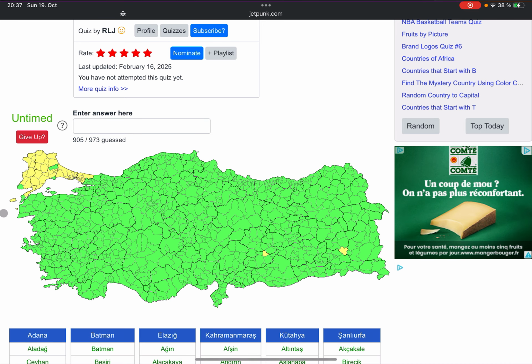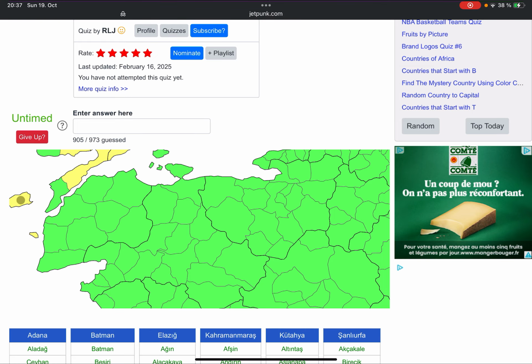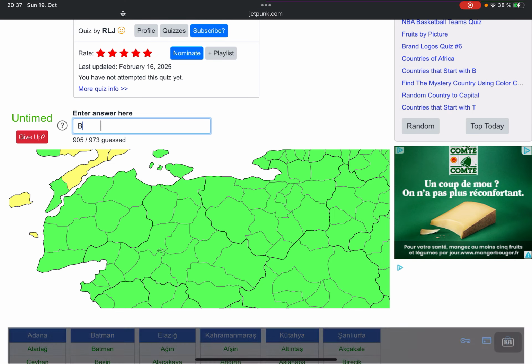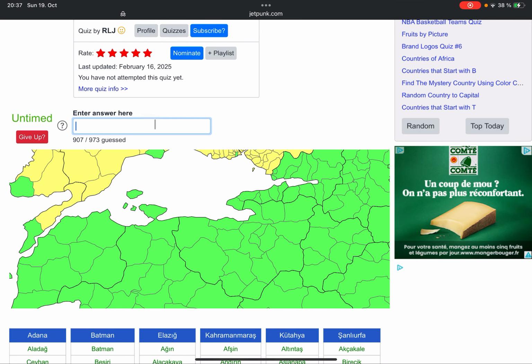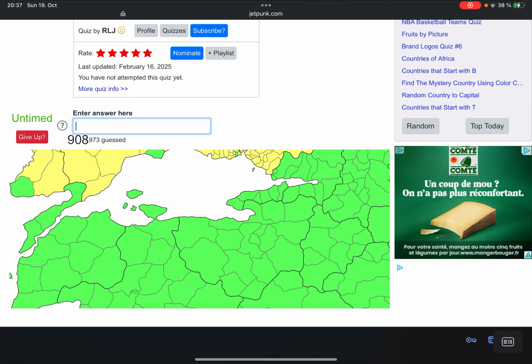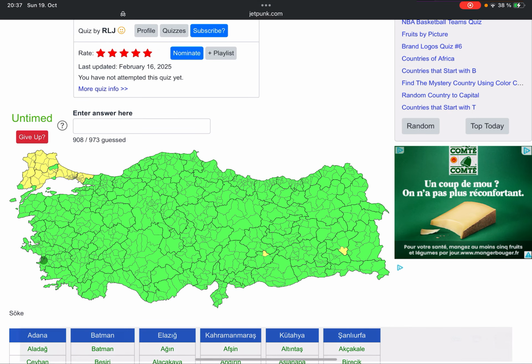I keep trying to zoom into them, but it's actually quite difficult. So the smaller southern one is Bozcaada, and the slightly bigger one is Gökçeada. Ada, of course, meaning island. So Bozca Island and Gökçe Island. We have Gelibolu. And that's it for Çanakkale province.